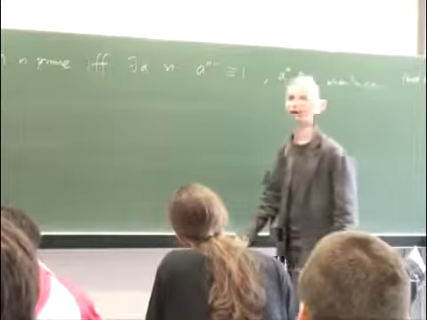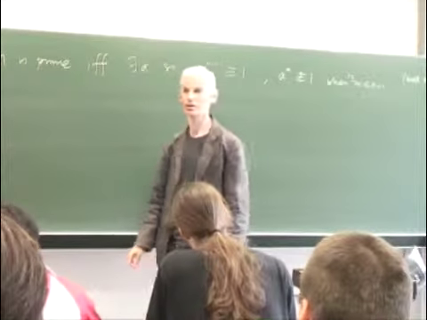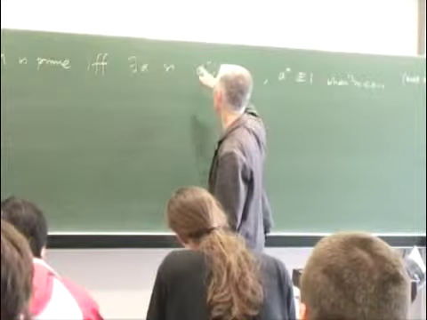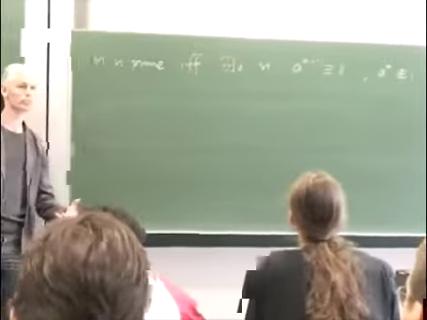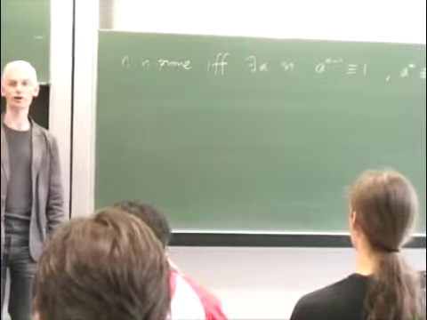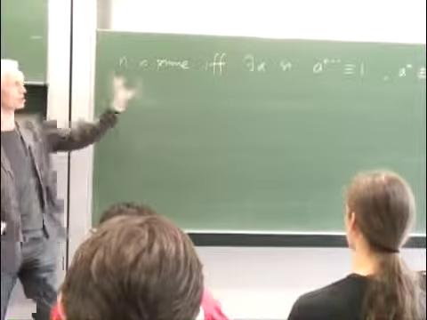So if n is prime, that follows from the result in number theory that the multiplicative group is cyclic. If n is composite, well, at least we know that the integers mod n form a group, and that group has order strictly less than n minus 1 in that case, and the order of every element divides the order of the group, so this can't be the case if n is composite.